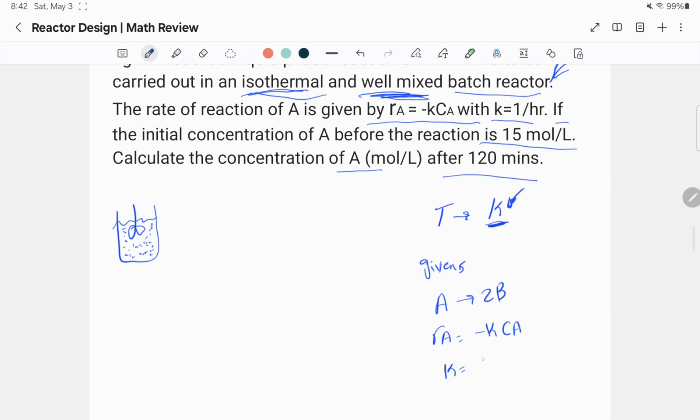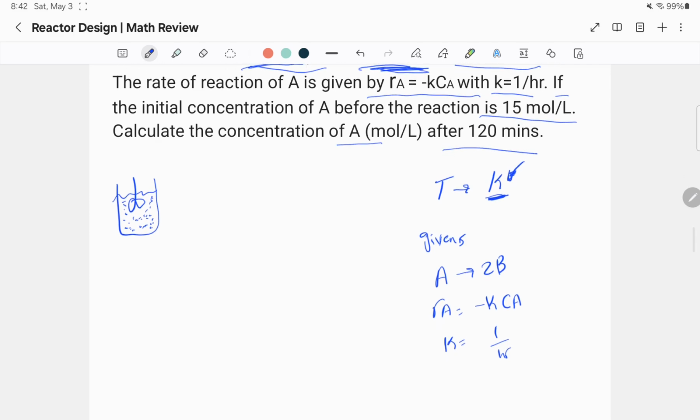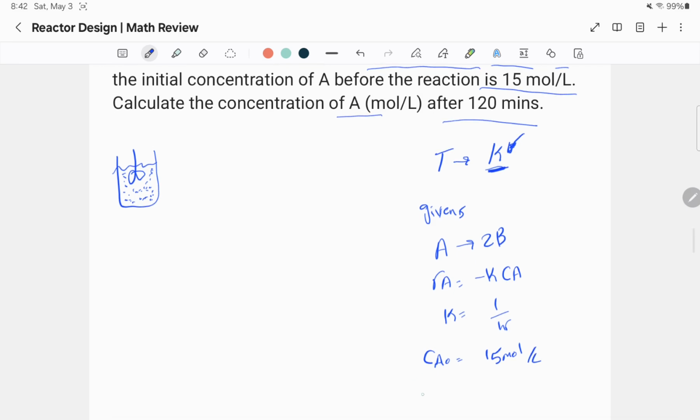K has a value of 1 per hour. Initial concentration equals 50 moles per liter. And what they're looking for is the final concentration at time 120 minutes.